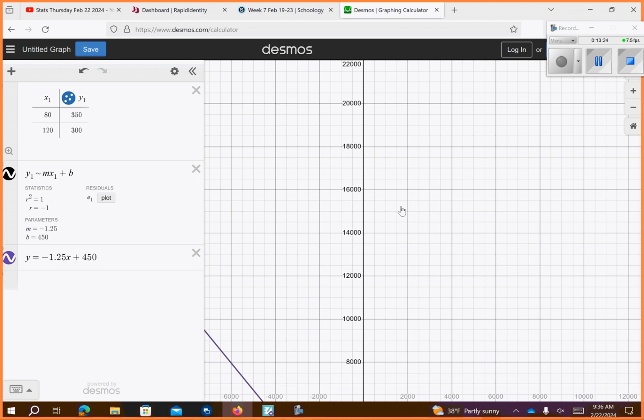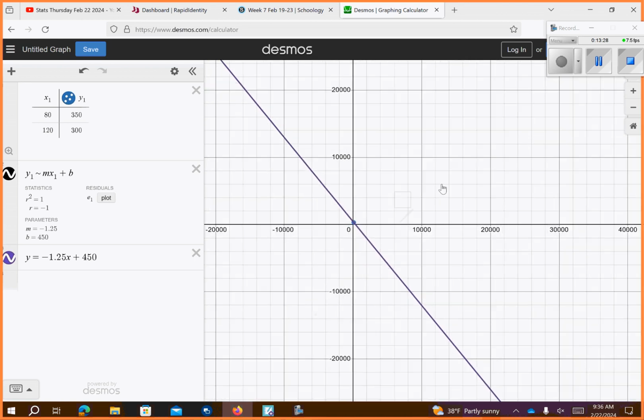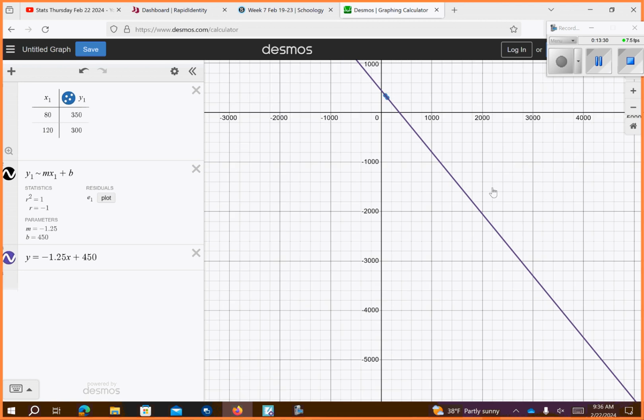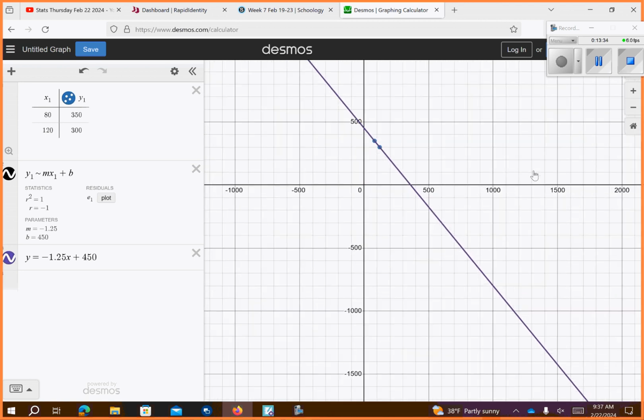And then that's the linear equation that we're basing this on, with those 2 points. And then it says, assuming the resulting supply is linear, okay, find the equilibrium point. So 80 at 350, 120 at 300.